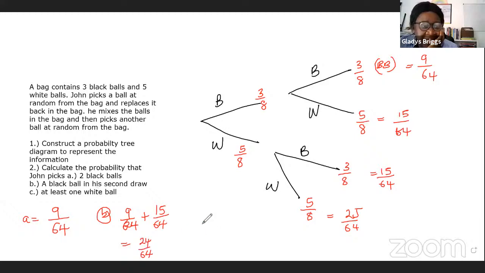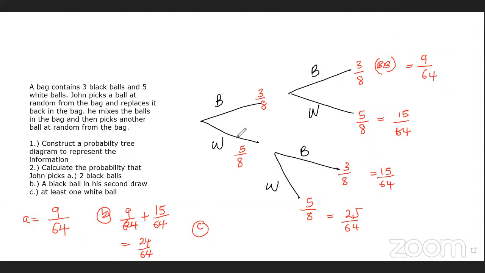Okay. And then how did you work out C then? 55/64. Which one? What's the answer? 55/64. How did you get it?